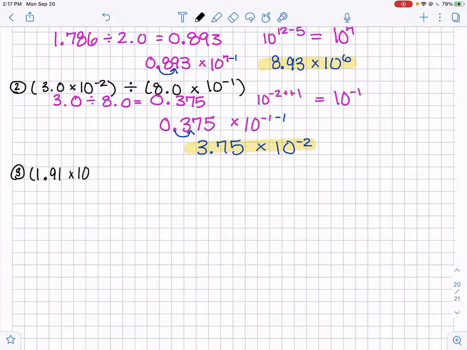1.91 times 10 to the 3rd divided by 5.0 times 10 to the negative 4. I'm giving you 2 problems to work on here.